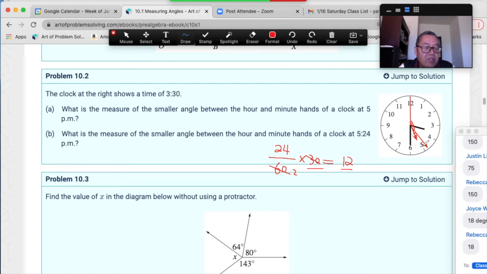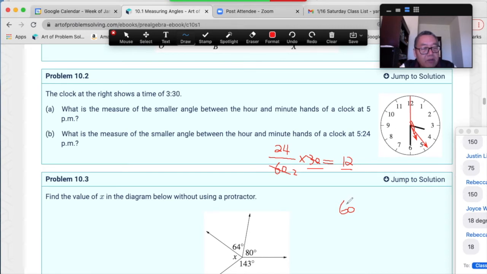Then you can say for the minutes hand, if it points exactly to 5 o'clock, in 60 minutes the minute hand will move 360 degrees, the full circle.